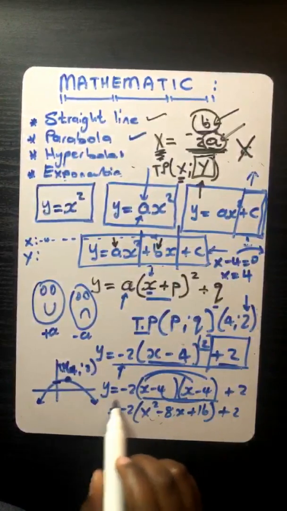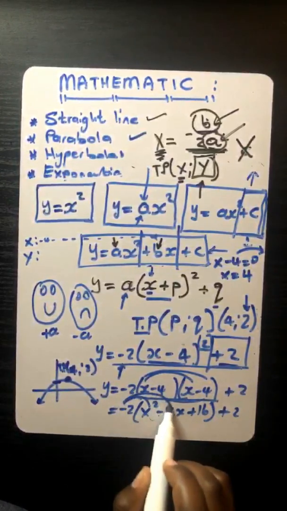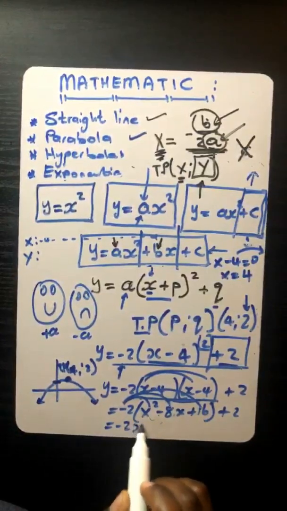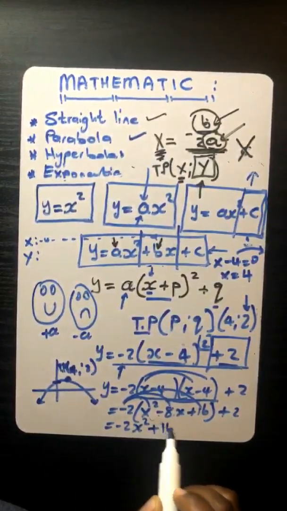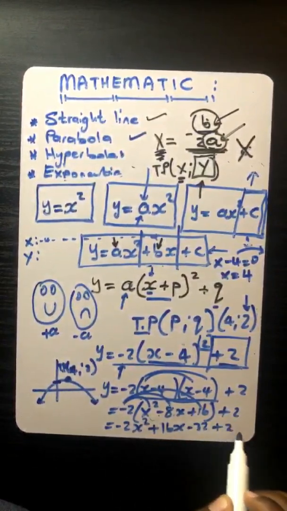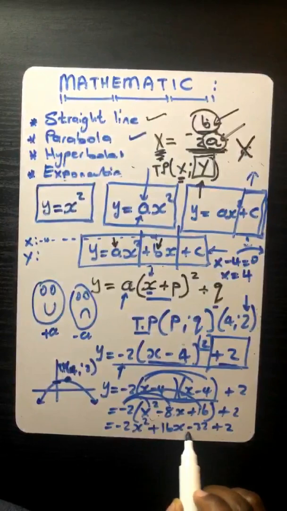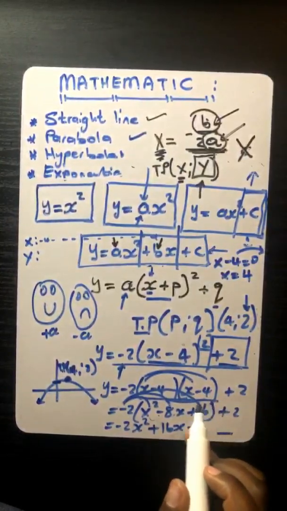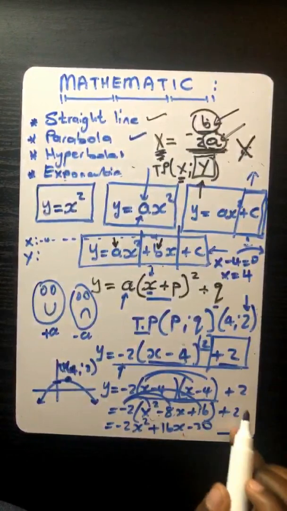Therefore, because of this a value, you multiply each term. You might end up having negative 2x squared plus 16x minus 32, then you still have plus 2 there. So can you see you have negative 32 plus 2? Then you work it out, and you end up having negative 30 there.